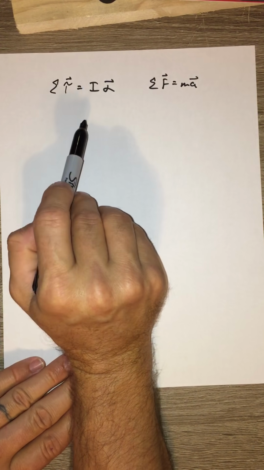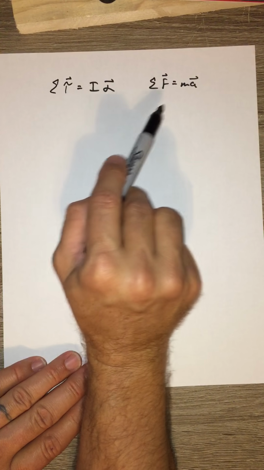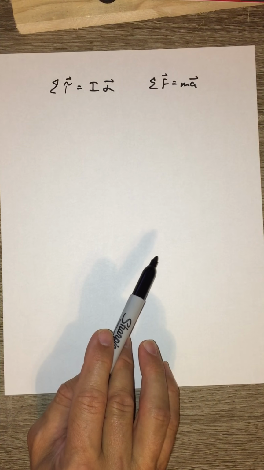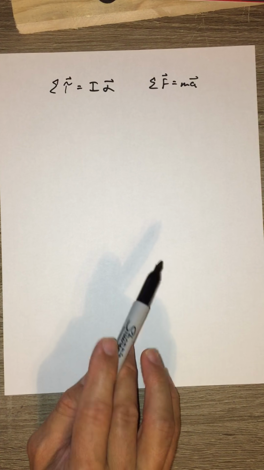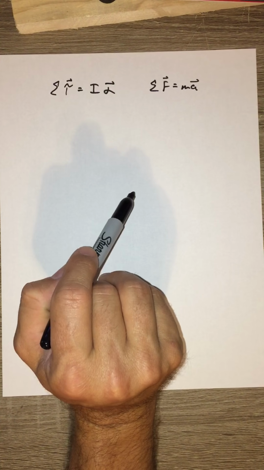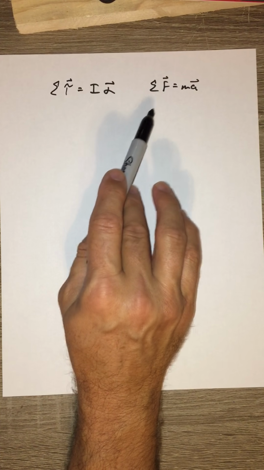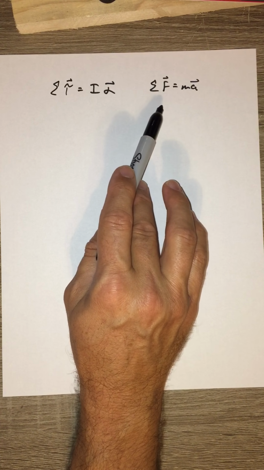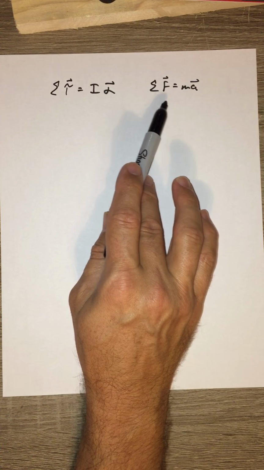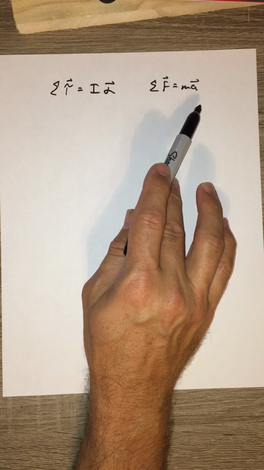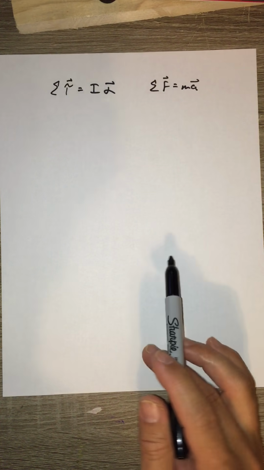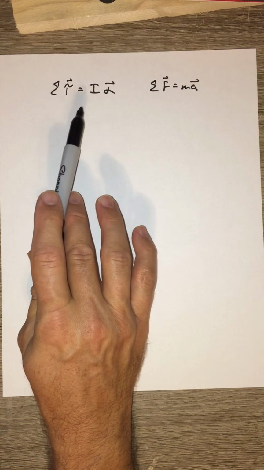I should point out that both of these expressions are valid in the same systems. We're going to see systems now where we have to analyze them linearly and rotationally. The same forces over here in this version of Newton's law that we know and love, the same forces that are producing linear accelerations in the x and y directions, and maybe z, are causing torques over here.